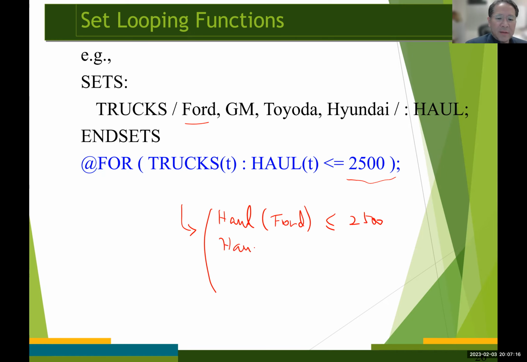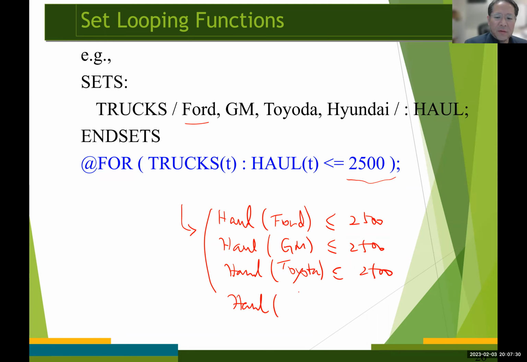And then the second constraint would be for GM, less than or equal to 2,500. Third one, Toyota, less than or equal to 2,500. And then for Hyundai, less than or equal to 2,500.